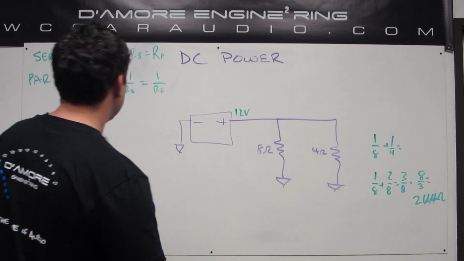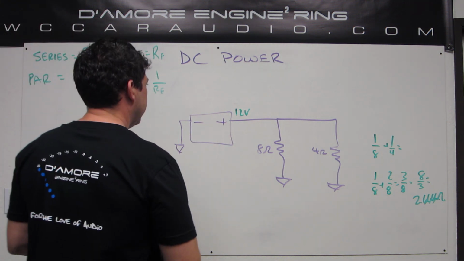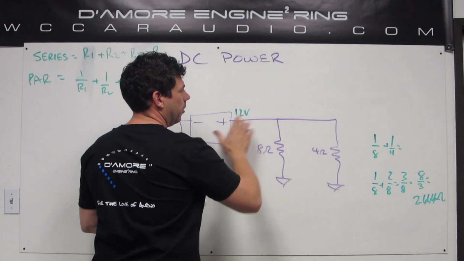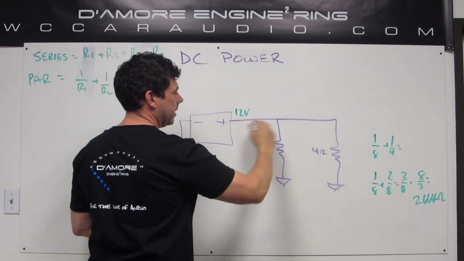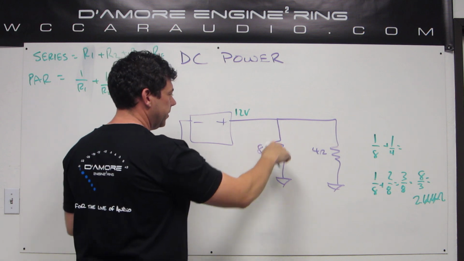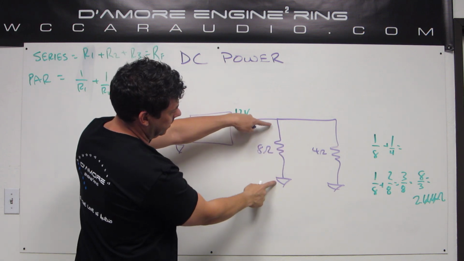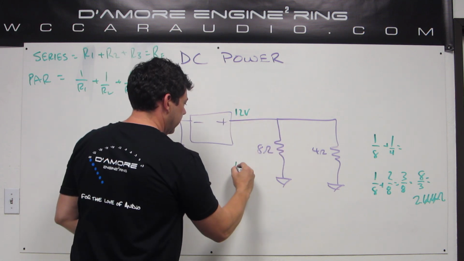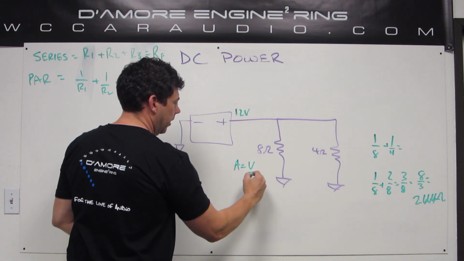But let's just do it another way. We know we have 12 volts here. This whole top rail here is 12 volts because these are in parallel. They're connected to the same place on top and bottom. So if there's 12 volts and 0 volts here, there's 12 volts across this resistor. Current is volts over ohms.